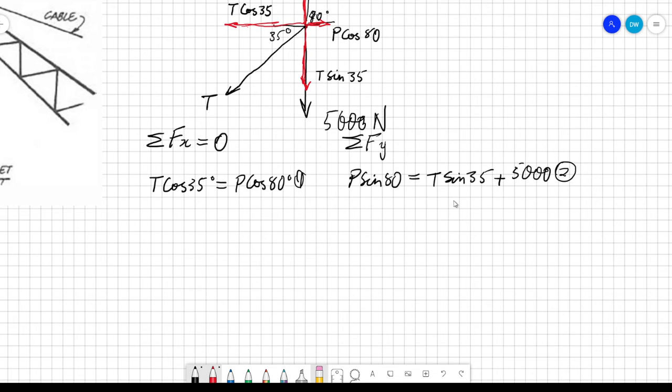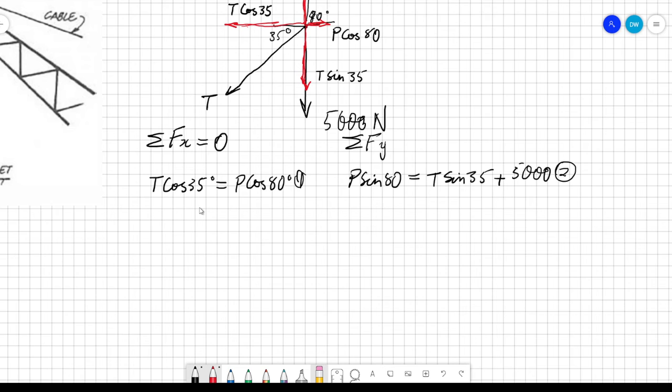But as you can see, we have two simultaneous equations, two unknowns, two equations. Here, substitution is probably easier because if we can replace the P here with something in terms of T, then we can have the whole expression in terms of T: one variable, one unknown, one equation.